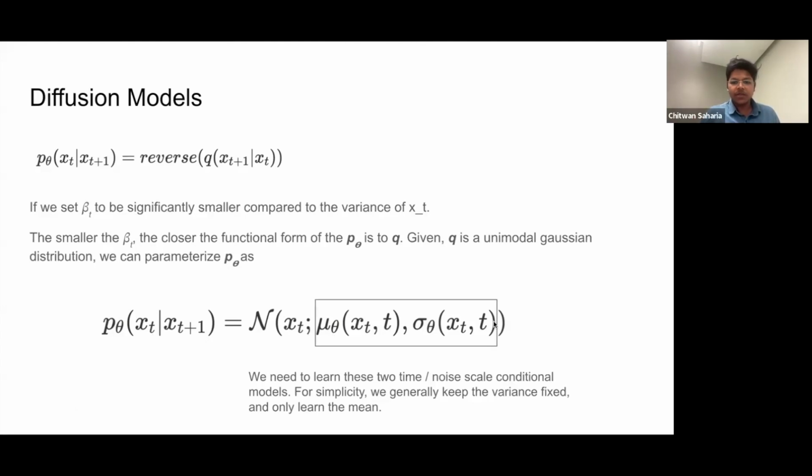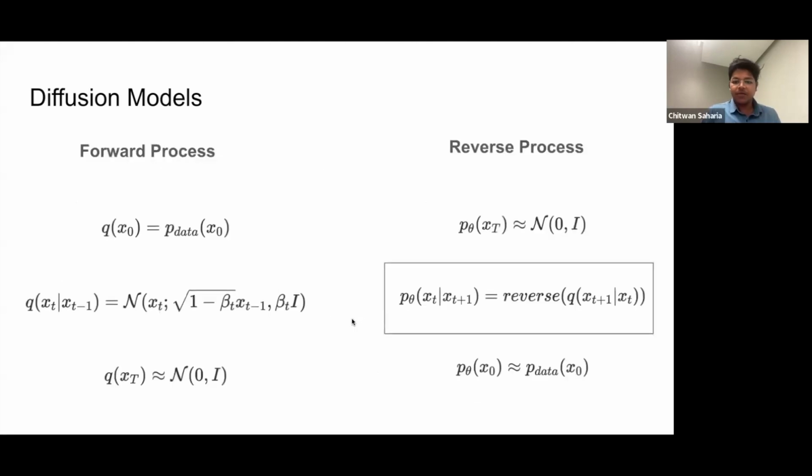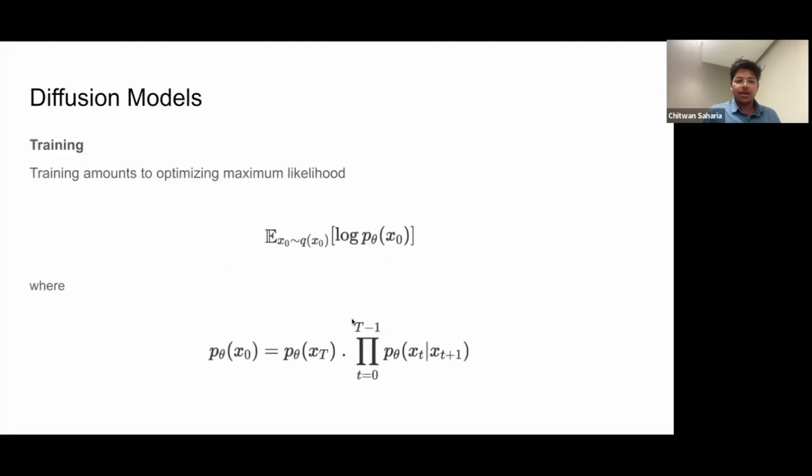One more thing that we generally do is that we don't learn this variance. We can compute what the variance should be in closed form, so we don't need to learn it. We can see later how we can compute it in closed form, and we only learn the mean. Okay, so now we have determined what p theta should look like. Now we will basically try to optimize the maximum likelihood.